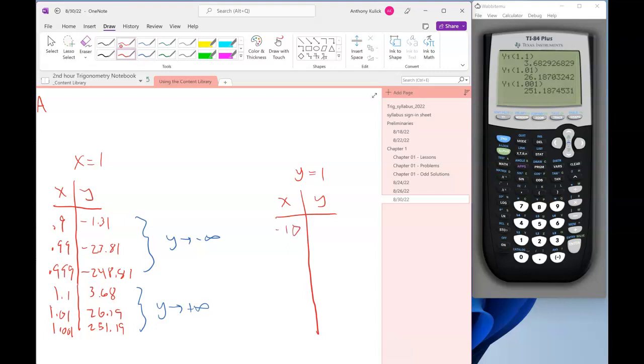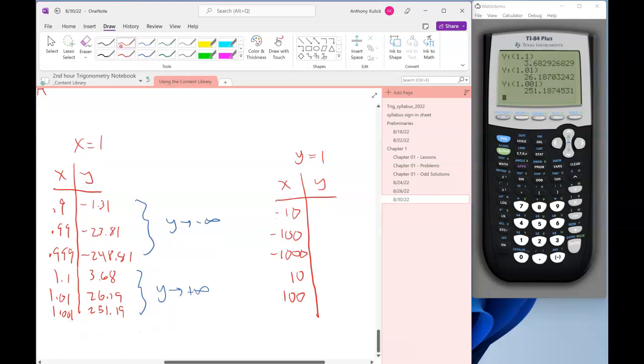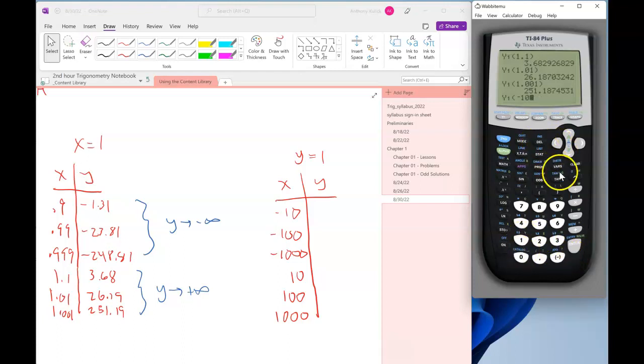So maybe we'll do negative 10, negative 100, and then negative 1,000, and then positive 10, positive 100, and positive 1,000. And we'll do the same thing. Again, we're hoping to see our y coordinate heading towards 1.